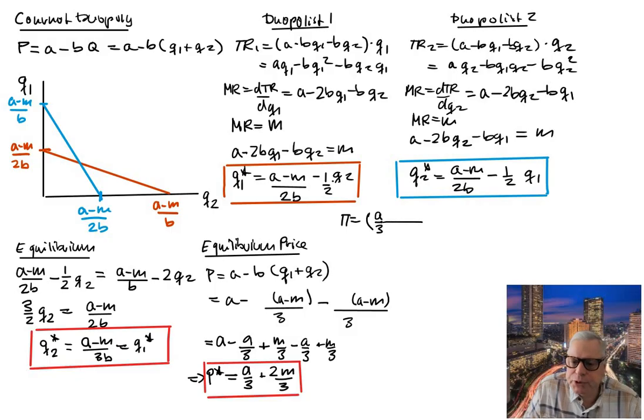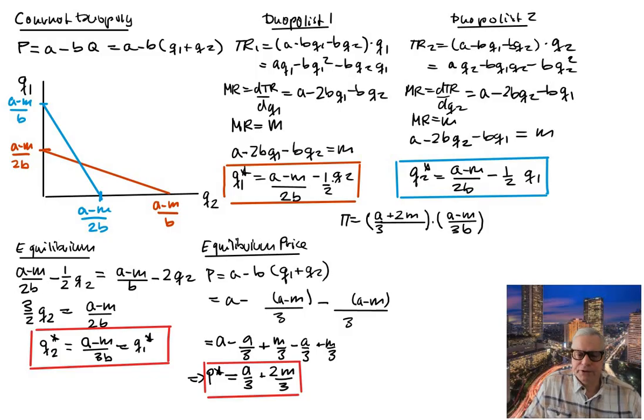So let's just put a common denominator. Times the optimum quantity, which is (A minus M) over 3B, so that is the total revenue.